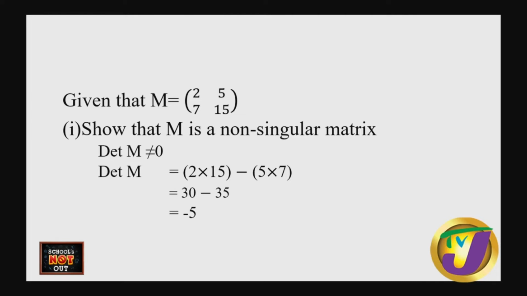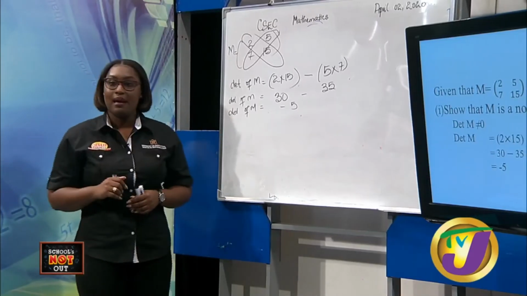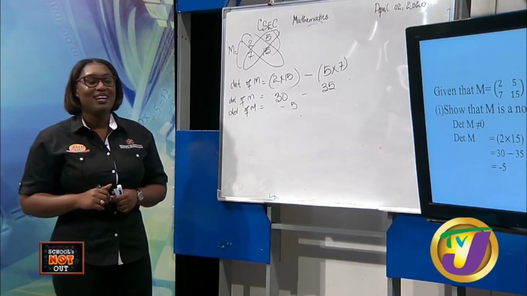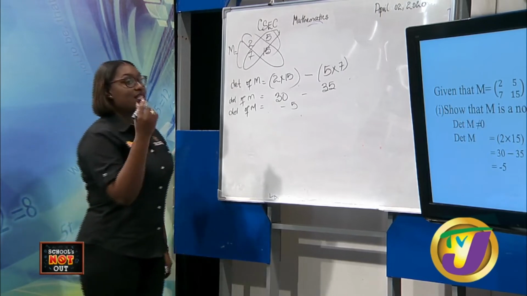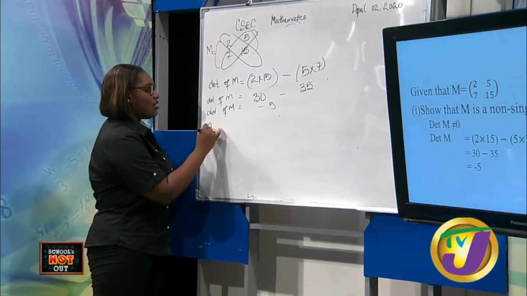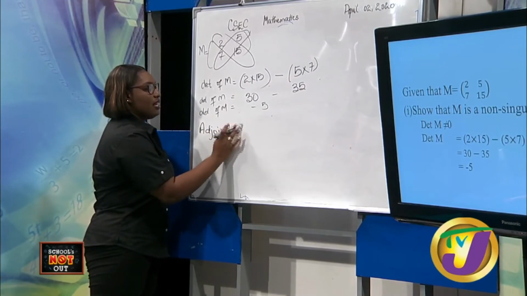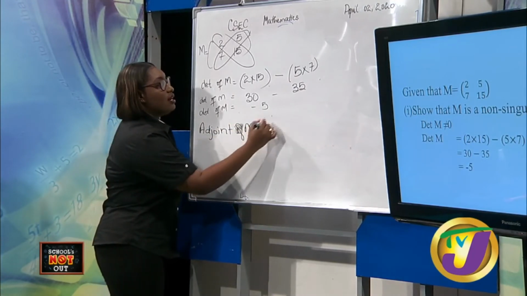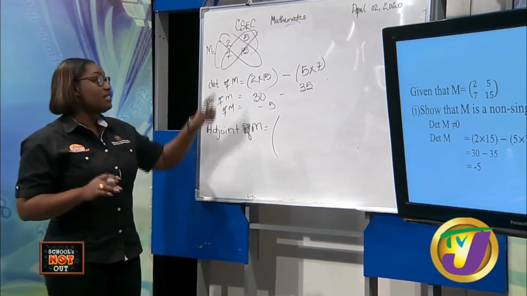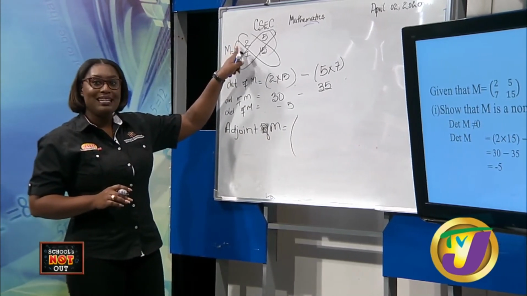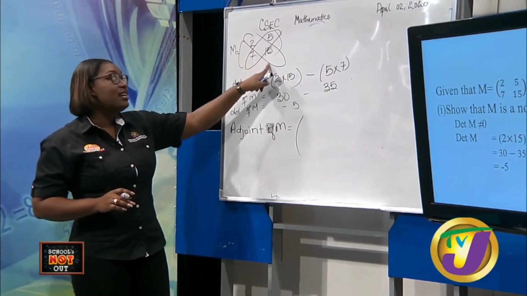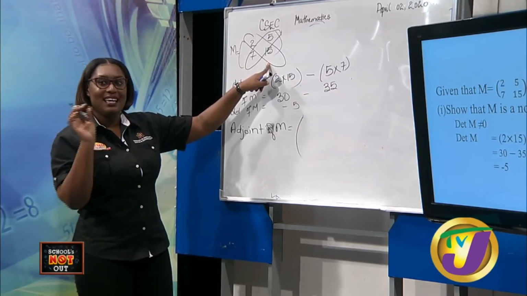All right, so when we talk about the inverse of a matrix, there are 2 things that we need to know. We need to know the determinant, which you just found, Camille, and we also need to know the adjoint of the matrix. So let's start off by writing the adjoint of M. We focus first on our leading diagonal: the elements on the leading diagonal need to be interchanged.